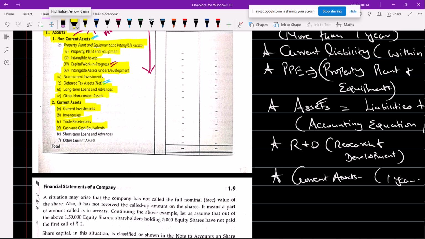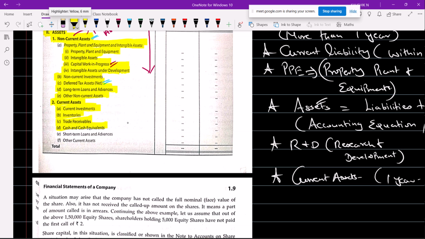So the term cash and cash equivalent consists of cash in hand, cash at bank, marketable securities, and then drafts, bonds, okay, the government bonds, treasury bills, etc. These are the items found under the category of cash and cash equivalent.